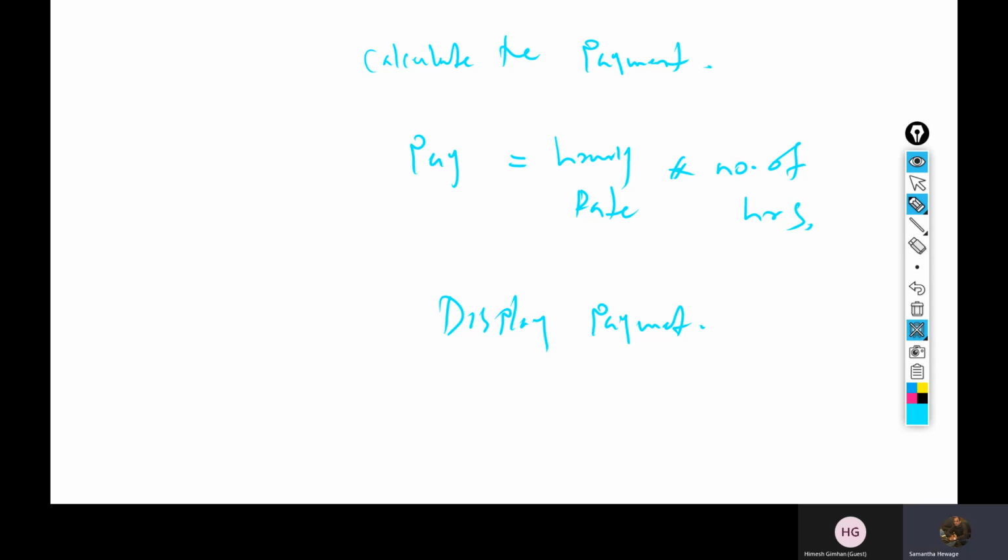If you want to calculate the payment, it would be hourly rate into number of hours. The pseudocode, right, sir? And a flowchart. You draw the flowchart first, then we'll go for the pseudocode.